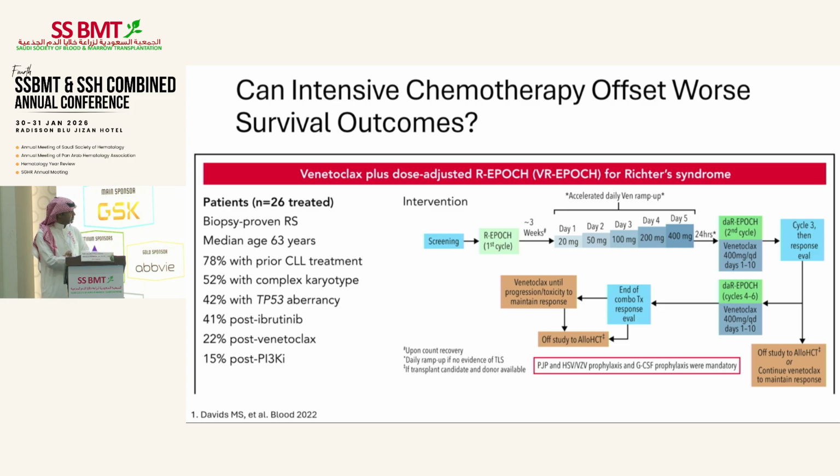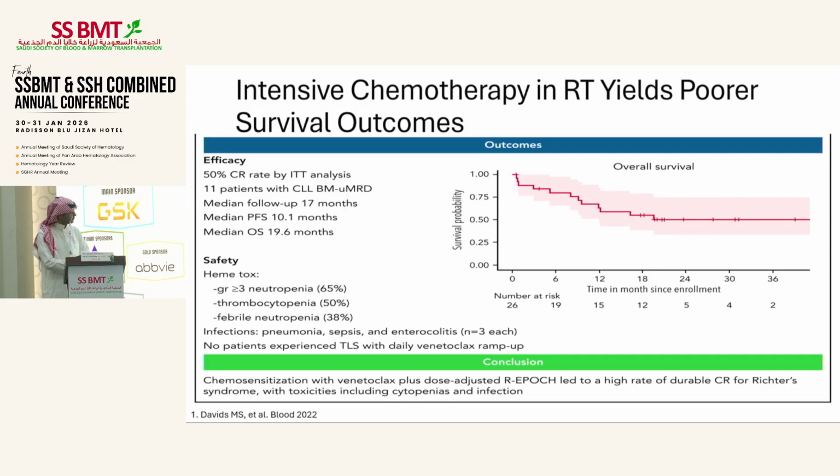But the take-home message from the design of this study, they implemented venetoclax maintenance, which I think is the reason why you're seeing a plateau after lots of patients succumb to the disease or to the complication of the disease.